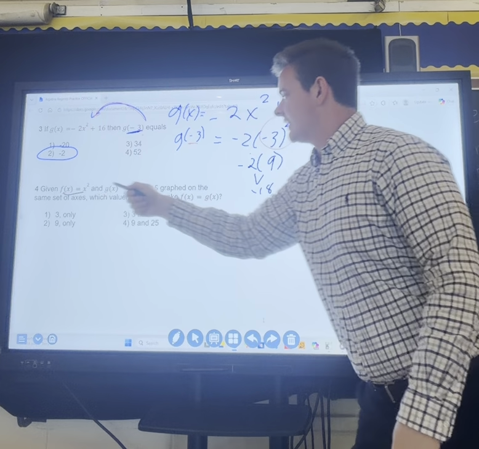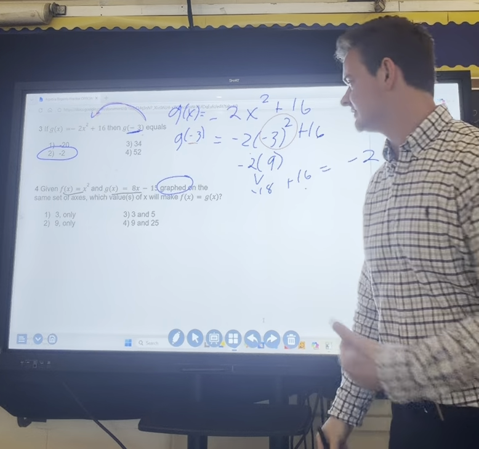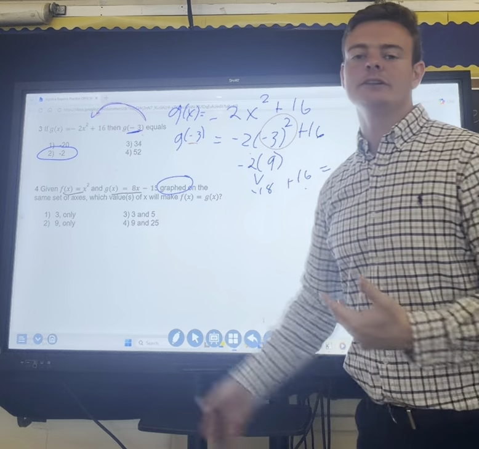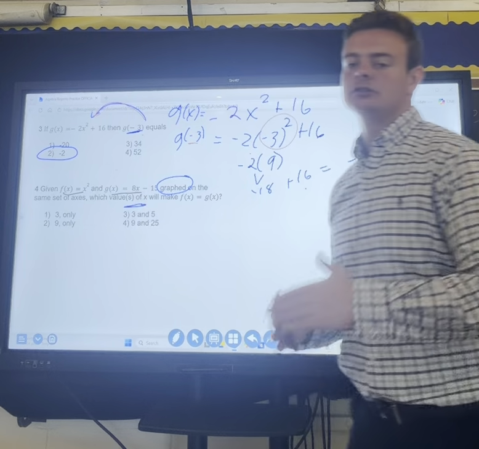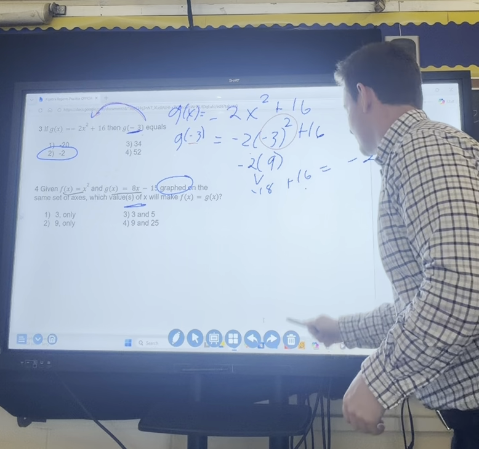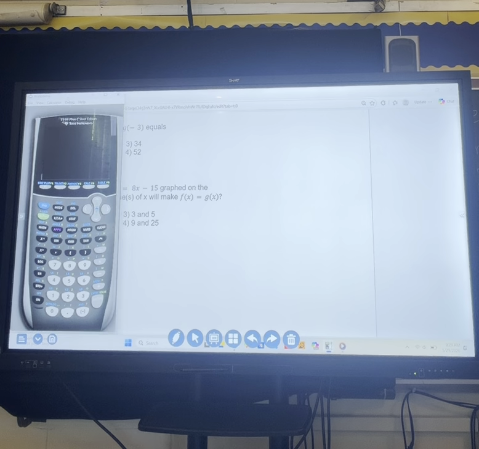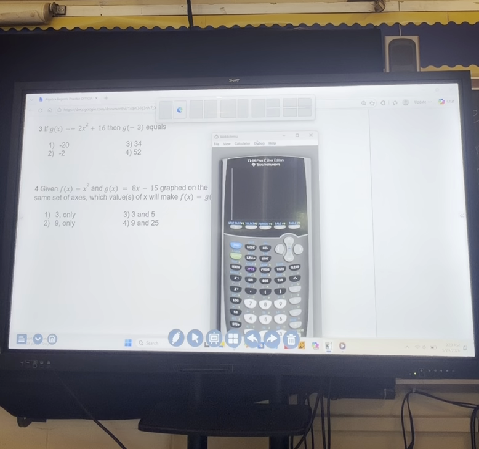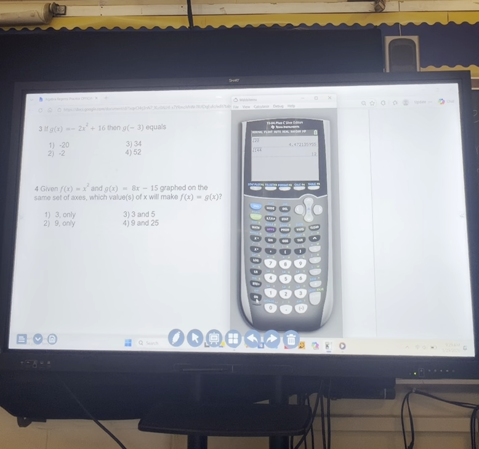Number 4 is just a calculator question. Given this and this graphed on the same set of axes, whenever they tell me to graph it or they give me equations, I can graph it and make my life easier. I want the x values where they cross, so I want the x values for which they are the same. So I'm going to take out my calculator. Turn it on.